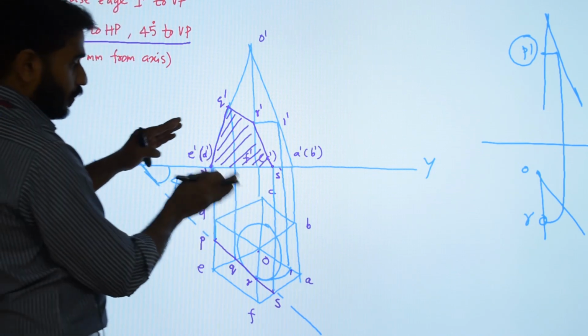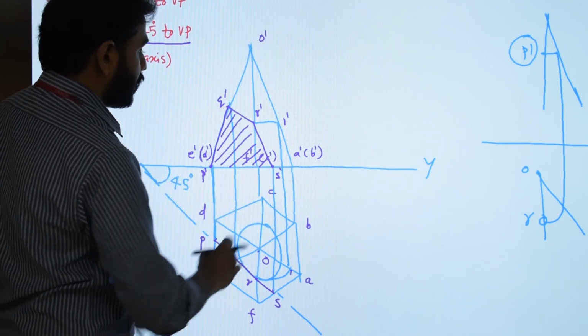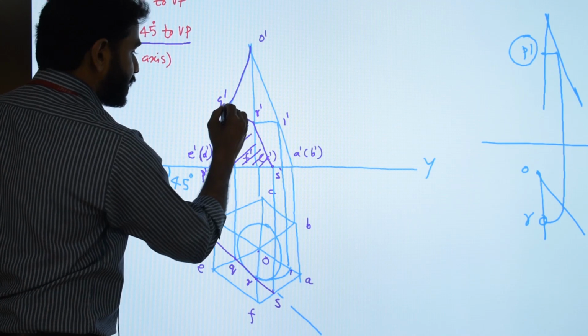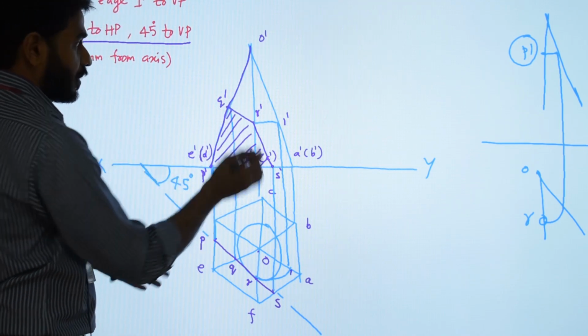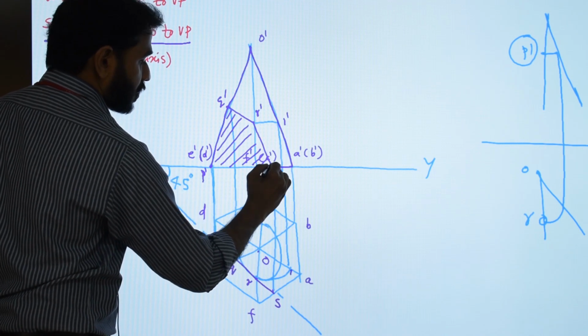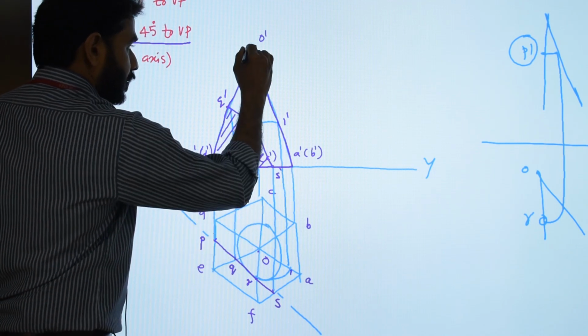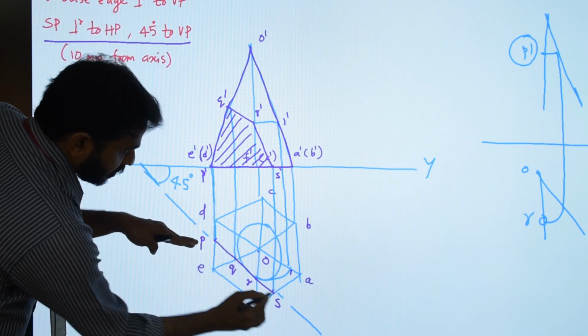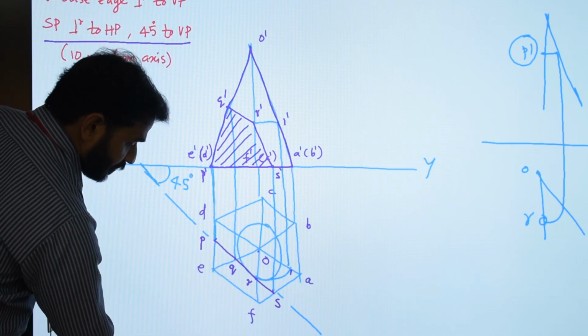Now the remaining portion you need to make dark. Only the portion which is between the section plane and the observer is removed. The remaining portion is retained on the solid. In the top view you can see that this is the section plane and the observer is looking from this side.